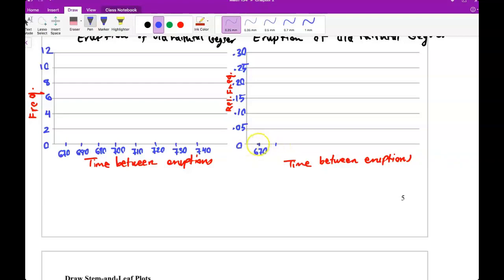That's fine, because we're not able to write that number here, for example. So that's why we can write it this way. It doesn't matter. So 680, 690. Same numbers.